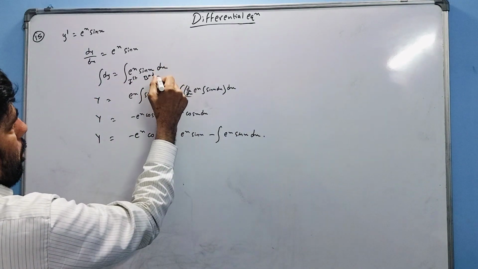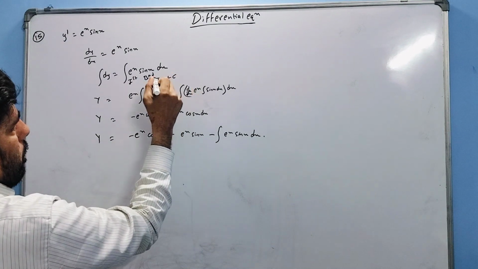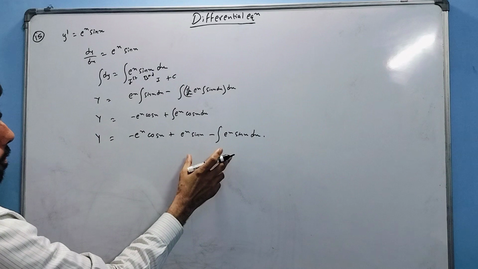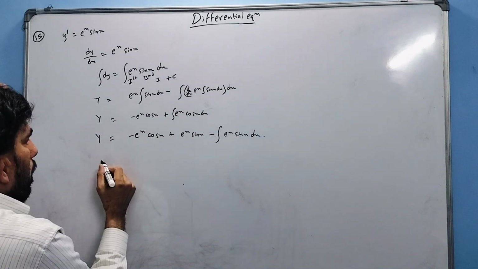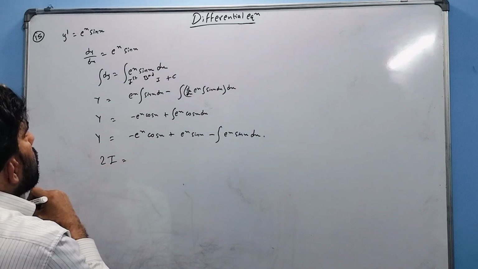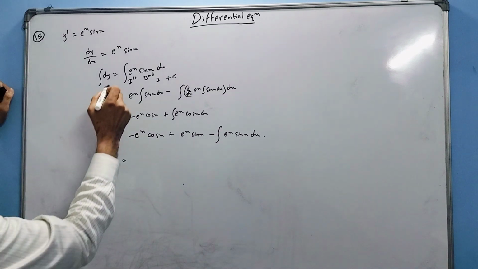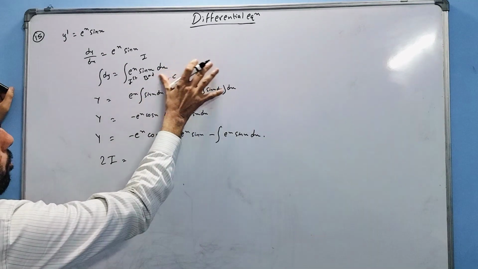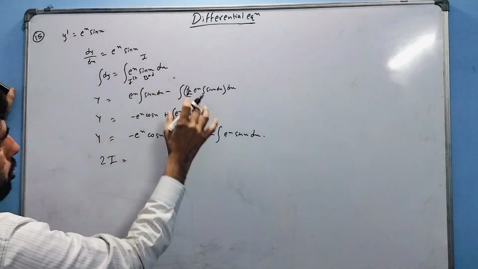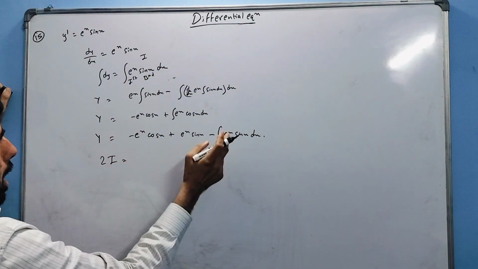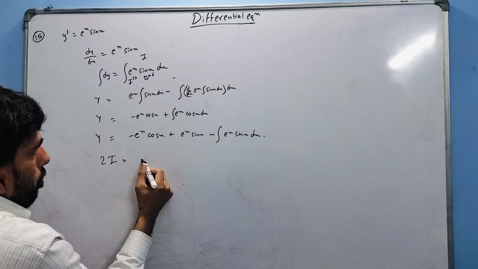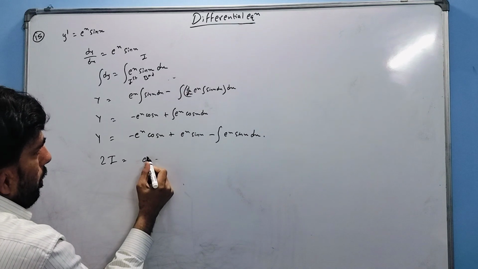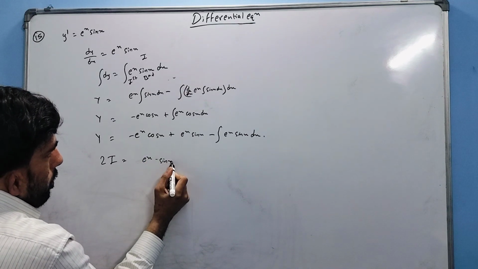Because I have taken this one as I, 2I is equal to, if I take e raised to the power x common, e^x (sin x minus cos x).